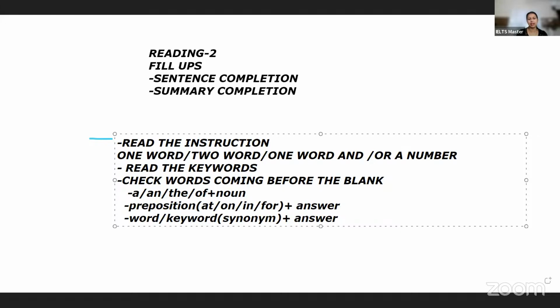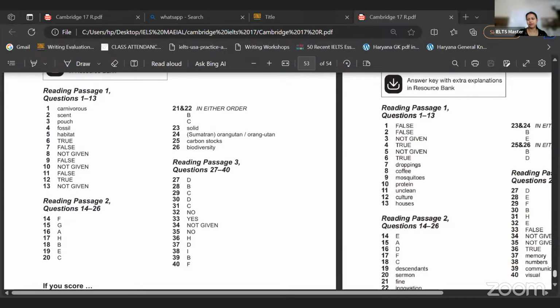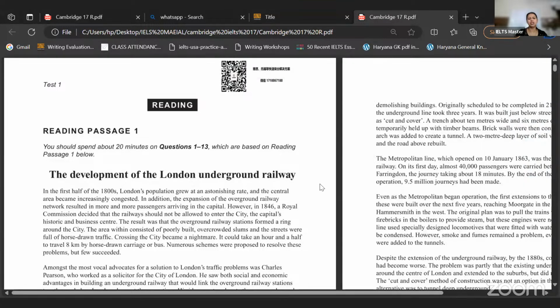I am sharing this PDF on my screen. This Cambridge 17 basically has 4 tests. So I am taking test number 1, and the passage name is the development of the London Underground Railway.